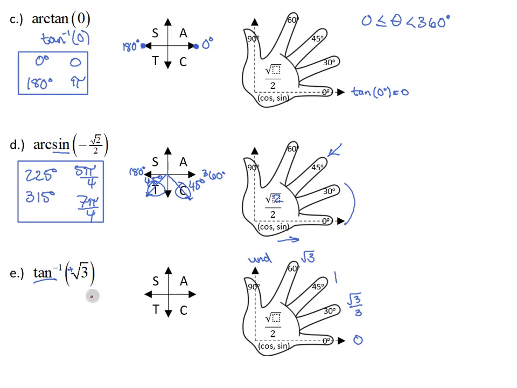So let's figure out where tangent's positive. In the first quadrant, where all 3 are positive, and in the third quadrant. Now, root 3, that value itself is 60 degrees. That would be the finger that corresponds to our value. So we are 60 degrees away from the x-axis in each of these quadrants.